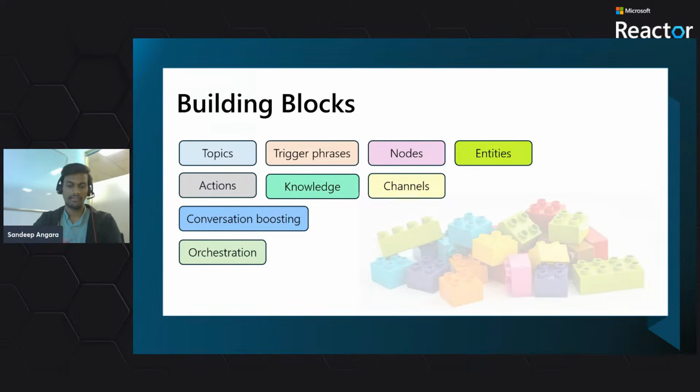Users themselves can check some quick fixes, and we don't have such information registered in topics. We can just have a document prepared for it, and we would enable conversation boosting so that it would go into the knowledge sources, fetch all the information, and generate a response to the user. Also, there are two types here.